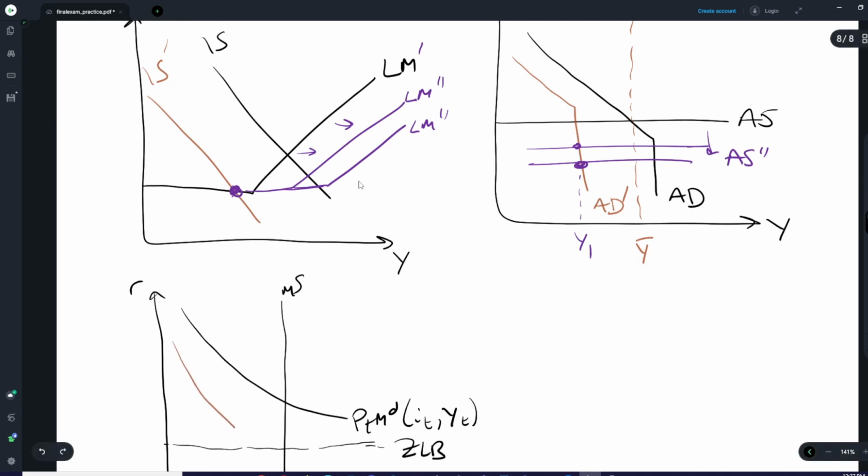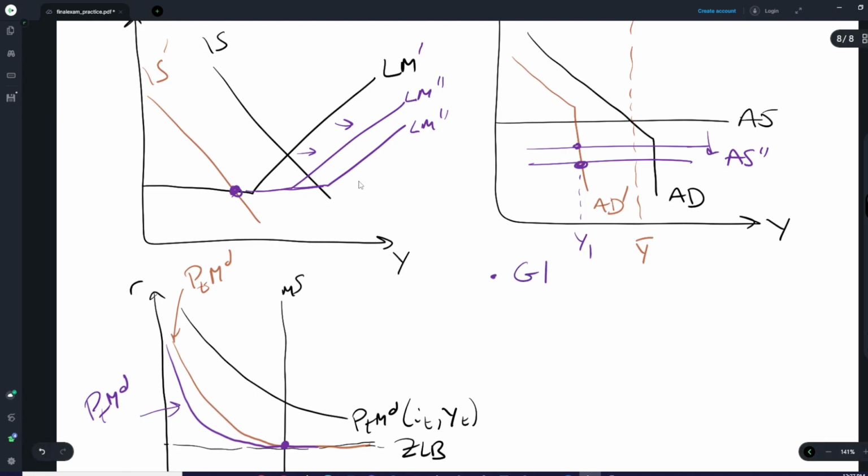Money demand is falling to something like here. This would be my new money demand function. And now, as prices fall, money demand keeps falling over and over and over, and we stay right here, right? We're not able to induce consumption and investment.